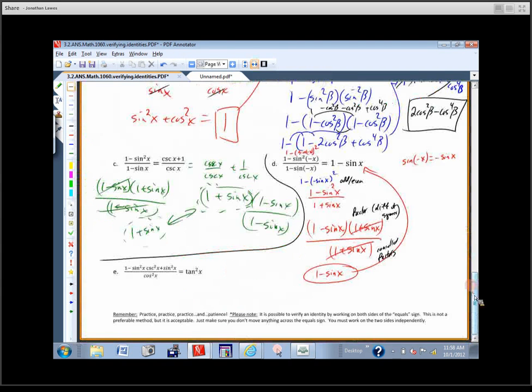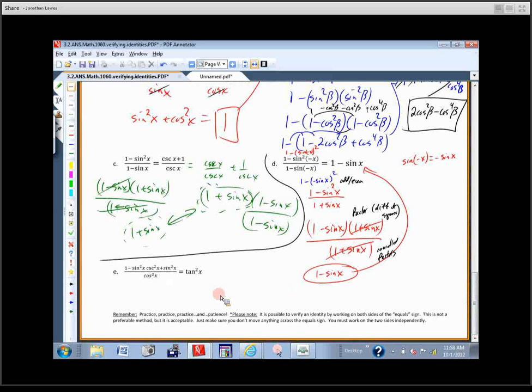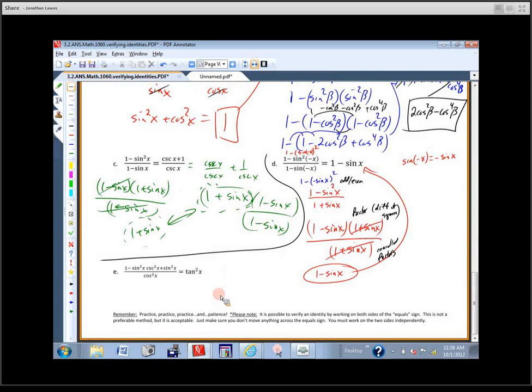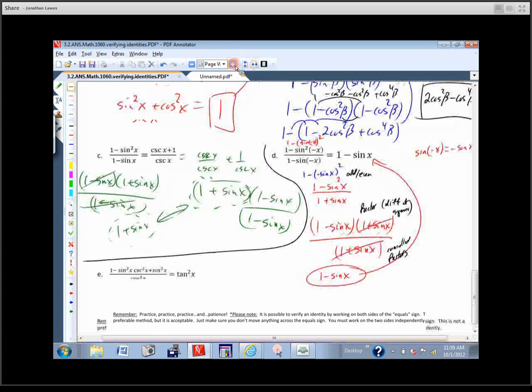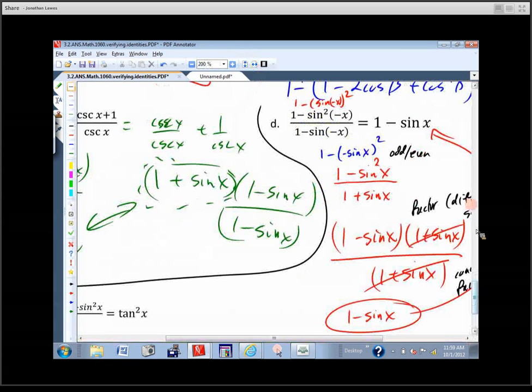Would you try and verify this last one? How bad does it look? Looks pretty ugly to me. Okay, go ahead and try it. And when you're done, check with your neighbors, see if you got the same thing.